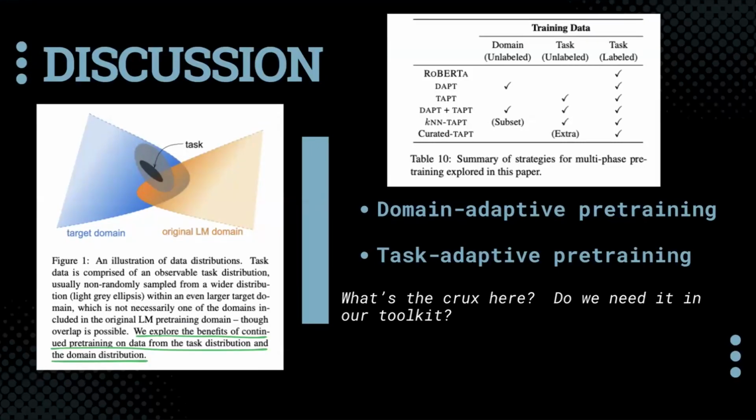And there are strategies to get better at it simply by doing more unsupervised pre-training to focus in on a specific domain. We talked about focusing in on a specific type of language when we talked about fine-tuning, to focus in on a specific task. And then there's this final thing in the end here where we have the domain adapted, the task adapted, both, and then we've got this KNN task adapt.